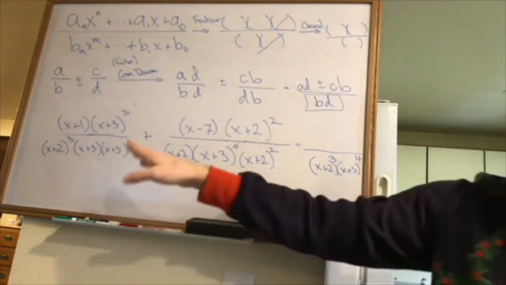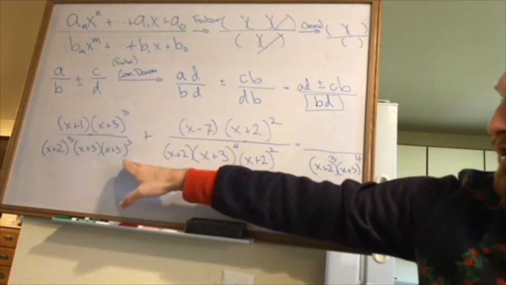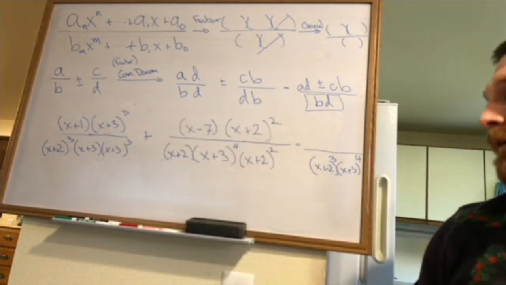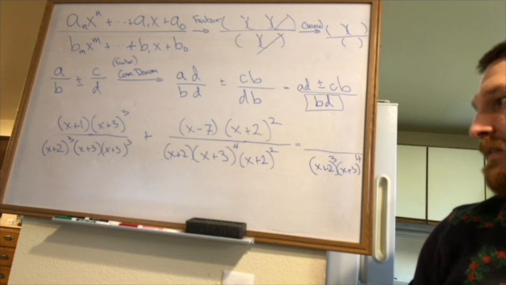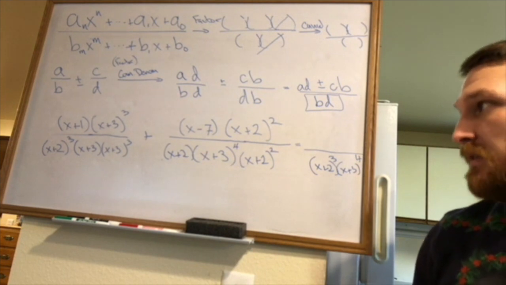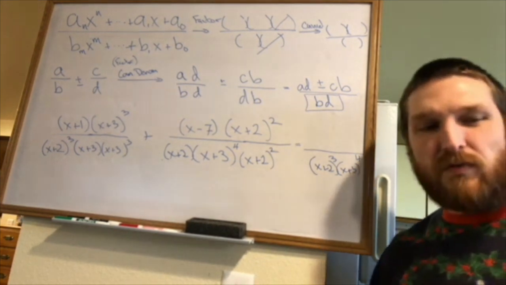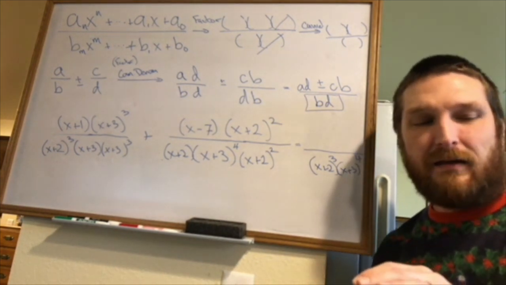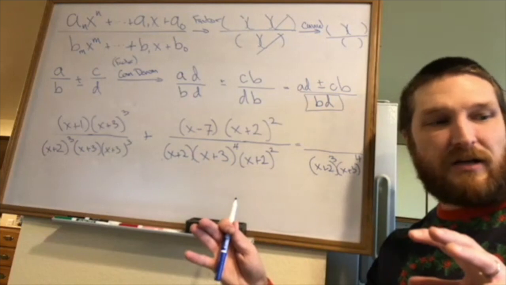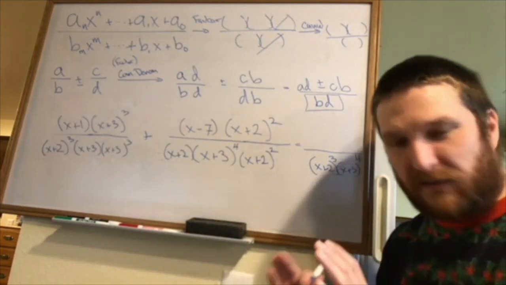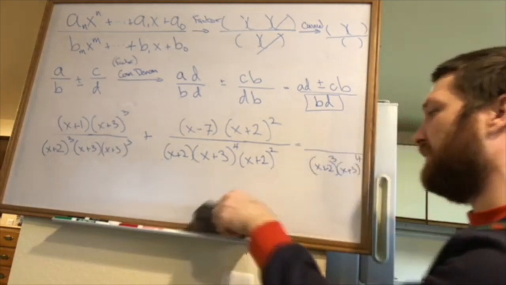I just used the bare minimum of factors that I needed in order to get a common denominator. So that's a nice general principle right there, and I've seen you do that in the homework. You don't go overkill when you're trying to find a common denominator. But I just really wanted to stress that point.